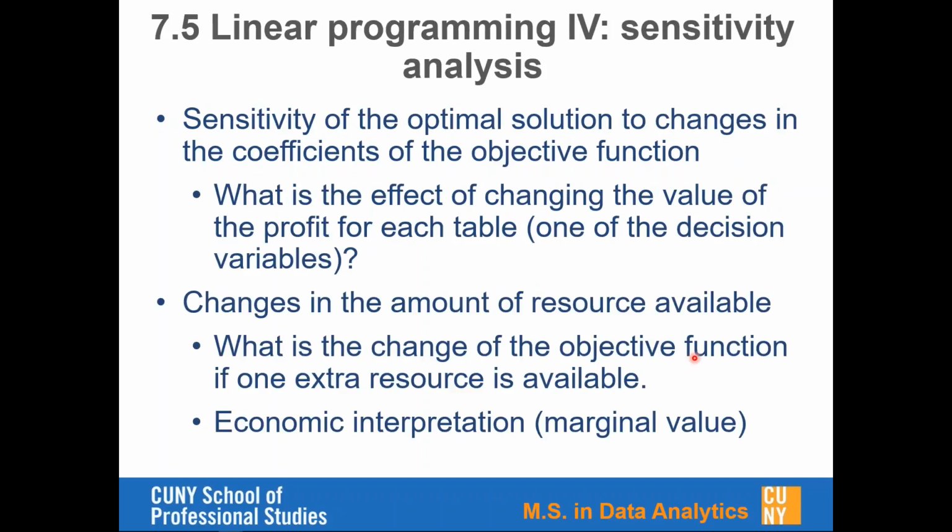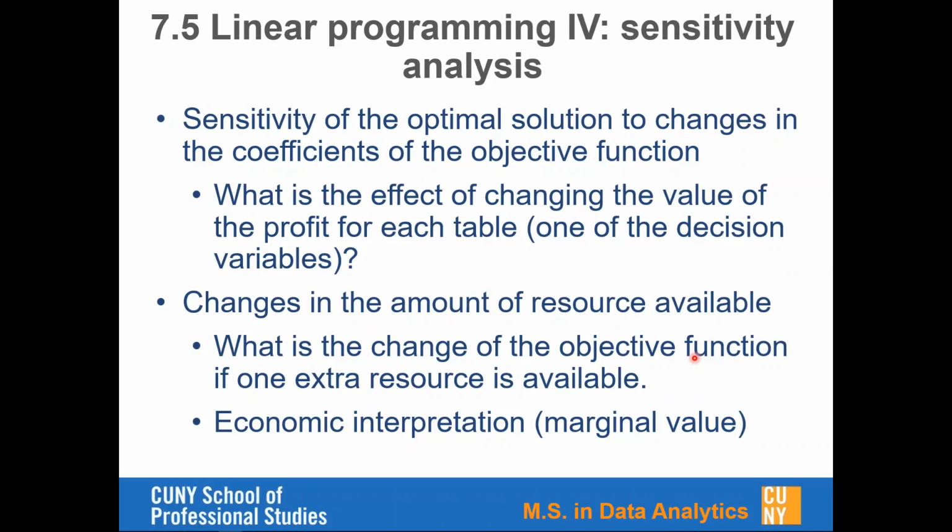And then beyond that, two types of sensitivity analysis. One type is the effect of changing the value of the profit for each table, so one of the decision variables. That's one way to look at the sensitivity. The other sensitivity is the change of the objective function if one extra resource is available.